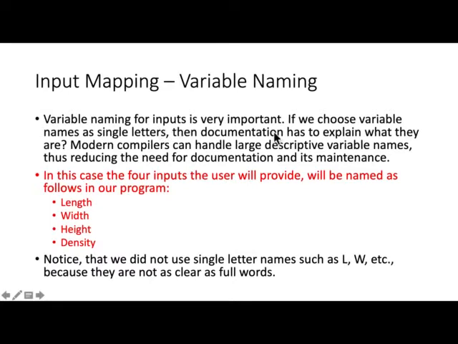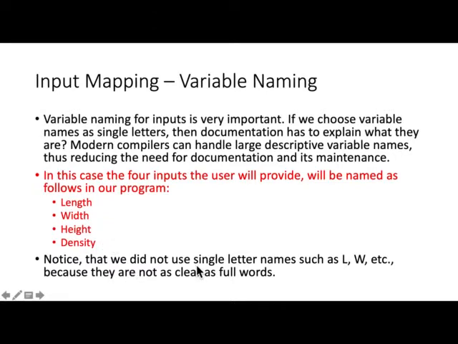Variable naming for inputs is very important. If we choose variable names as single letters, then documentation may have to explain what they are. Modern compilers can handle large descriptive variable names, and that reduces the need for documentation and maintenance of the documentation. So in this case, the 4 inputs the user will provide will be named as follows in our program: length, width, height, and density.